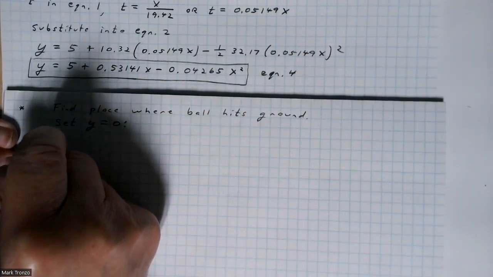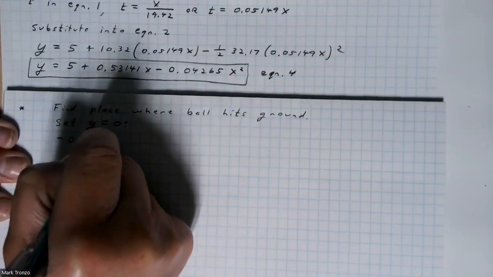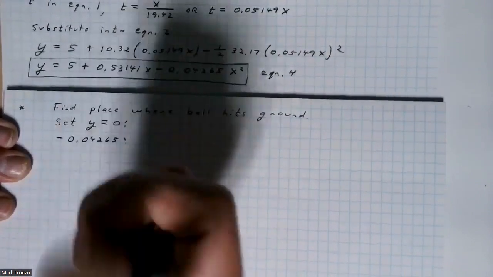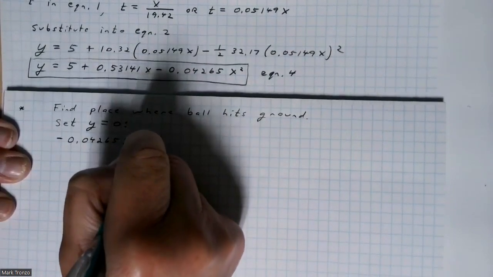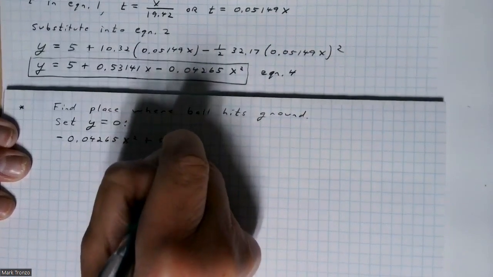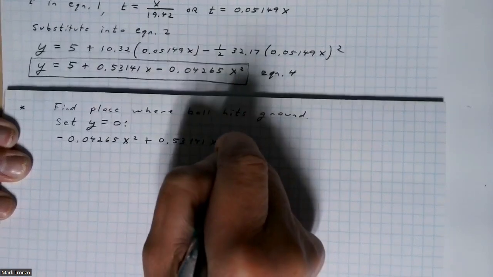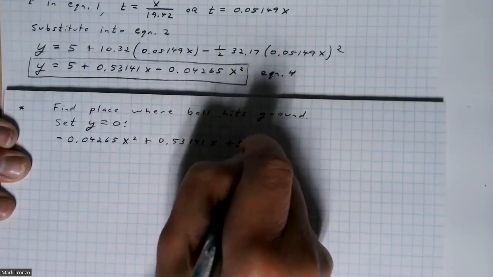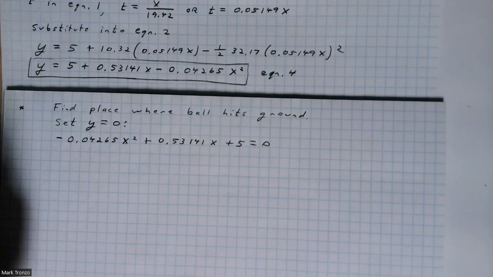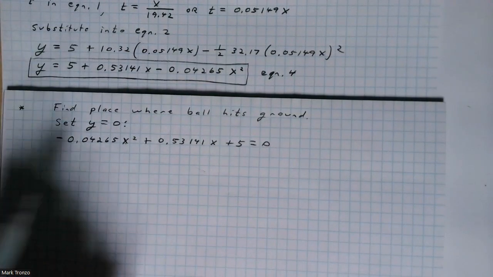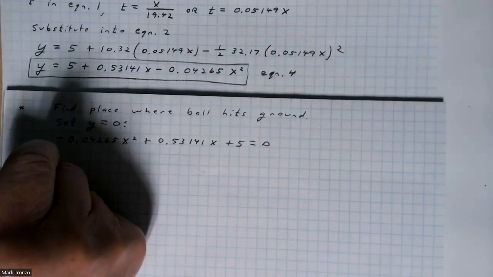So it's going to be negative 0.04265x squared plus 0.53141x plus 5 equals 0. I set y equal to 0 in this equation, and that'll give us the x coordinate when the ball hits the ground. So again, we're just going to use the quadratic formula.